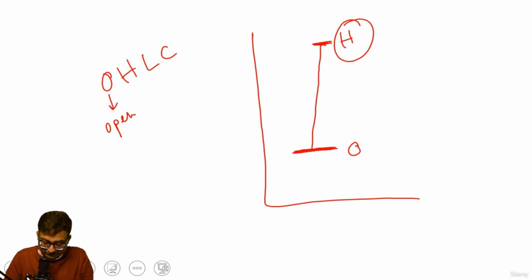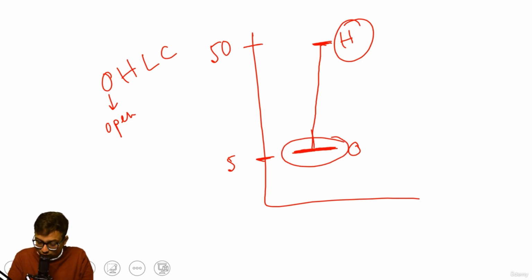Again, let's say this was a price of, for example, $5, and this was a price of $50. So the stock market opened here, then it went up to this particular price, 50, which means now bulls are strong. Now bulls are making the pressure to go up, hence the stock market is going up. So this is the highest point. Understood?